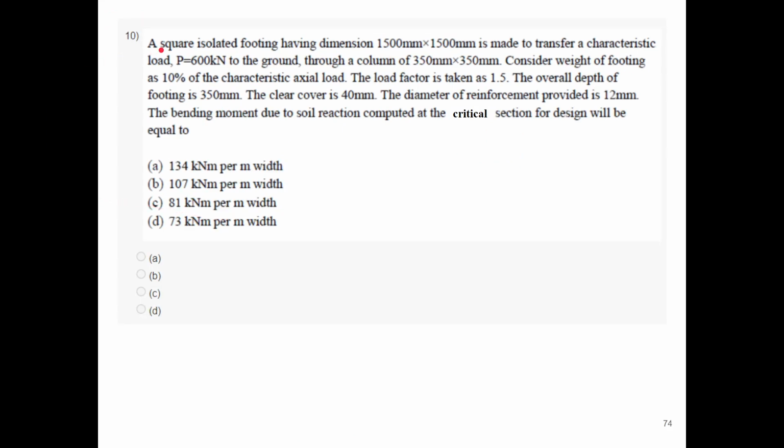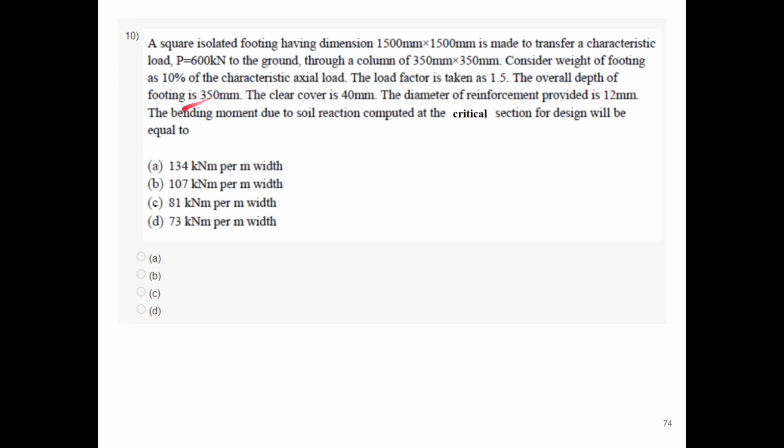10th question. A square isolated footing having dimension 1500 millimeter by 1500 millimeter is made to transfer a characteristic load P equal to 600 kilonewton to the ground through a column of 350 millimeter by 350 millimeter. Consider weight of footing as 10% of the characteristic axial load. The load factor is taken as 1.5.